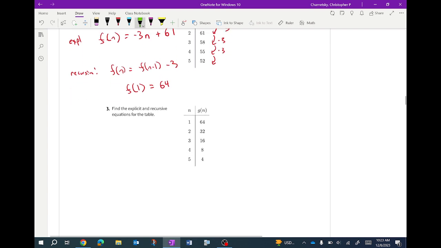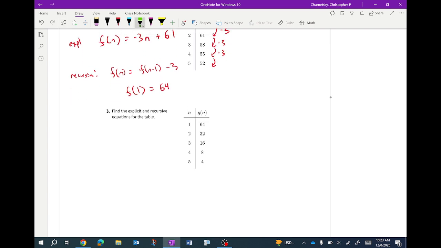For number 3, we are dividing by 2, or you could say that's the same as multiplying by 1/2 each time. So times 1/2, times 1/2, times 1/2.